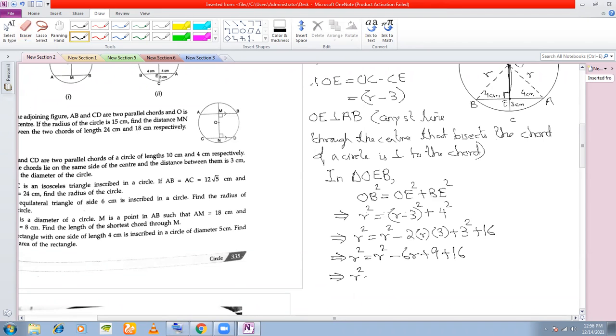So you have R square minus R square plus 6R. And you keep 9 and 16 on this side only. So this R square cancels. You could have cancelled here also, right? So you get 6R is equal to 25. That means you get R is equal to 25 by 6. So you get R is equal to 4 1 by 6 centimeters. And that's the required radius of the circle.